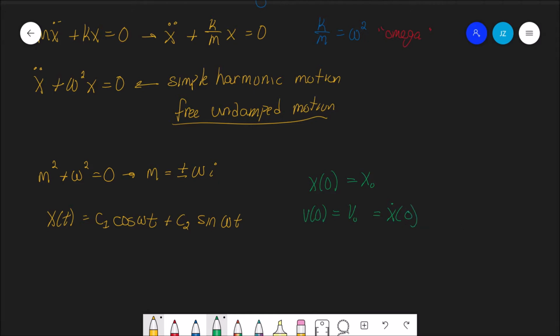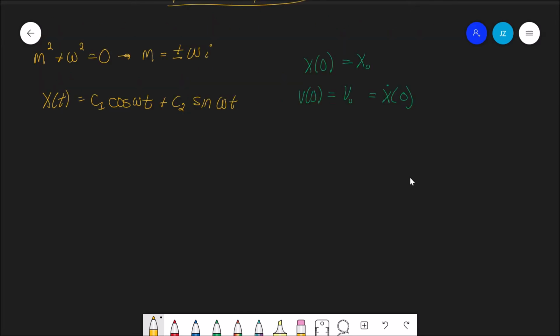So this is x dot of 0. We have x dot of t is equal to negative c1 omega sine omega t plus c2 omega cosine omega t.